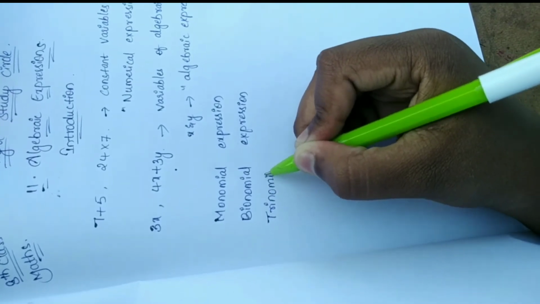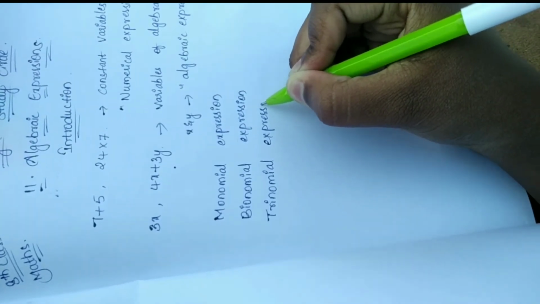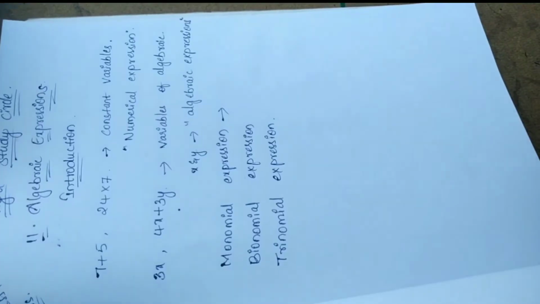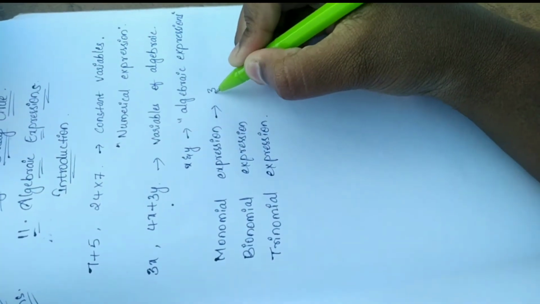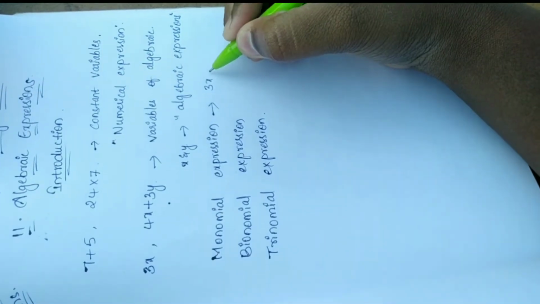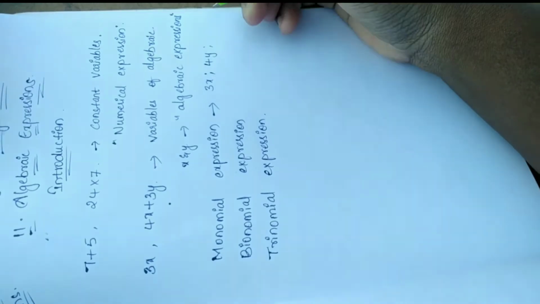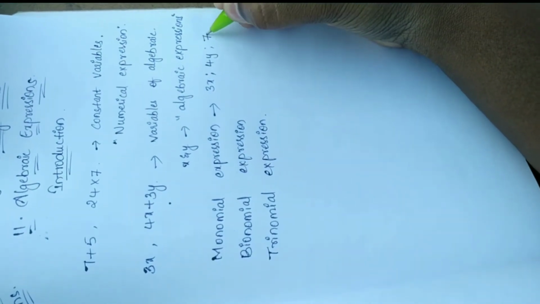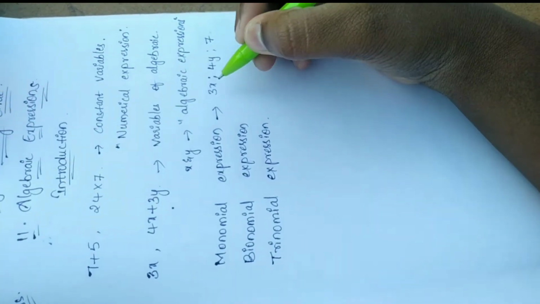It is very simple to know what are these. If an expression have only one term like 3x or 4y or 7, any constant term, it is monomial expression.